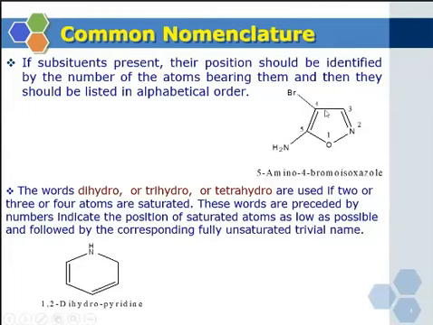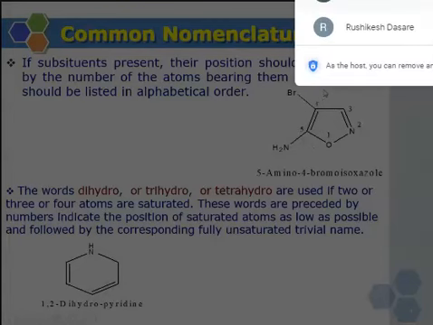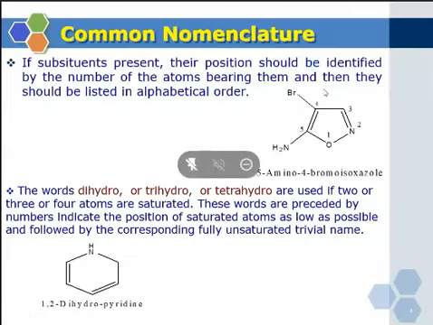Then we have to see to which position the functional group or atom is attached. Here we can see to the 4th position a Br substituent is attached, and to the 5th position the amino functional group is attached. After seeing this, we have to list them in their alphabetical order.